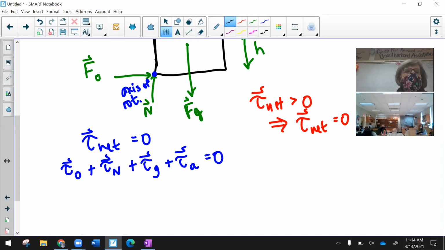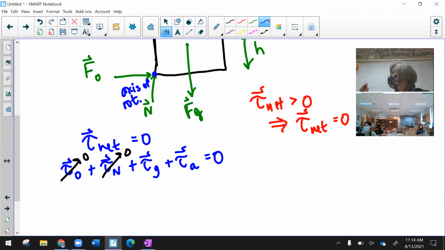And then because the torque from the obstruction and the torque from the normal force are acting on the axis of rotation, their moment arms are 0. And so they're going to go away. Okay. So my torque due to gravity, is that going to make my object move in the positive direction or the negative direction?